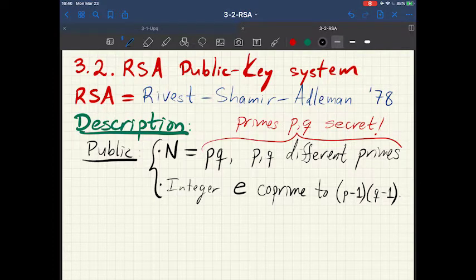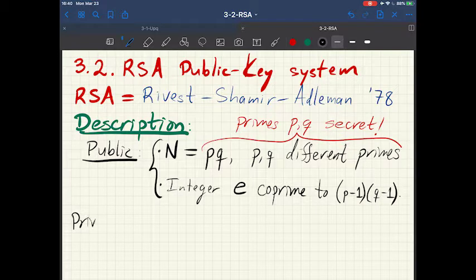What this really means is that e is coprime to the least common multiple of p minus 1 and q minus 1, as we discussed last time. So this e should be generated randomly and made public. As for the chances that a random integer is not coprime to p minus 1 times q minus 1, you can always check. And that's a key ingredient.